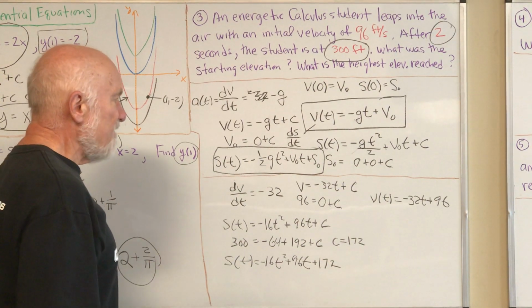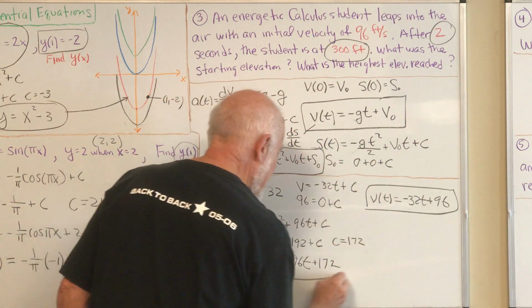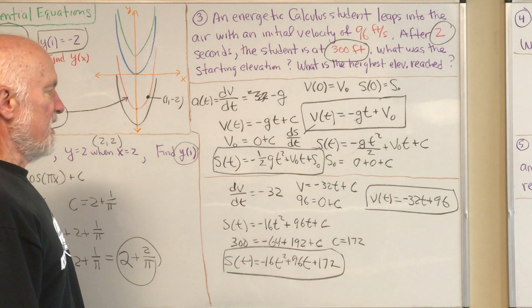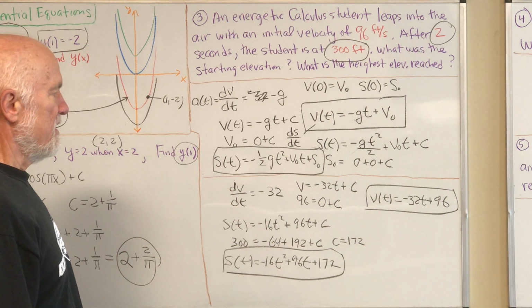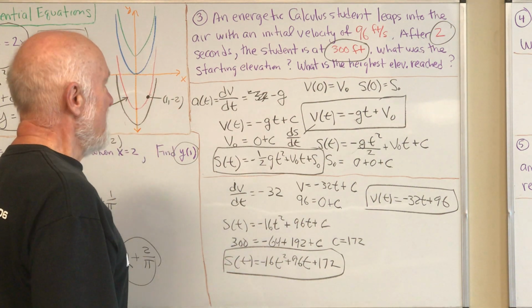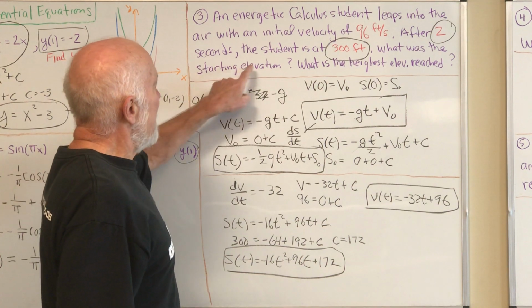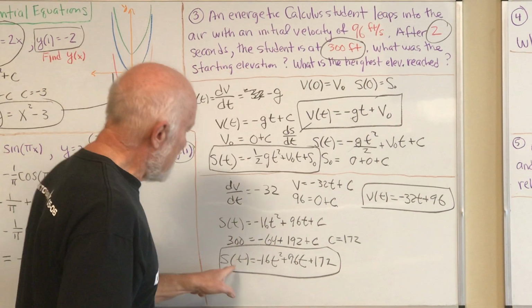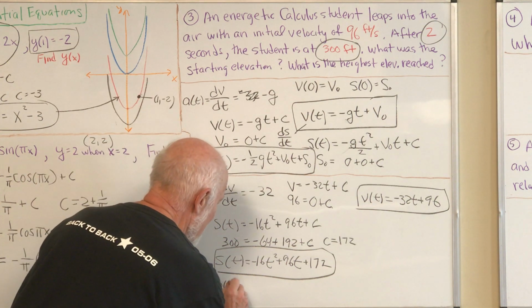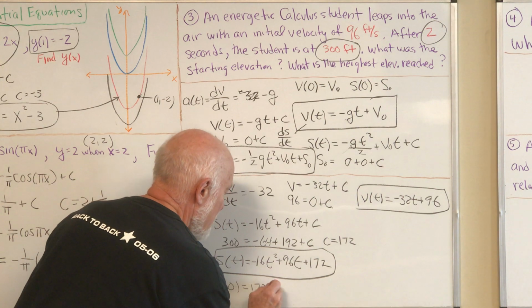Well, we've got the equations. We should be able to find out anything about this student with those two equations, other than whether they do their homework or not. So, what do we want to find out? What was the starting elevation? Well, that's the position at time 0. So that's going to be easy. Now that we have this equation, s of 0 is just 172 feet.